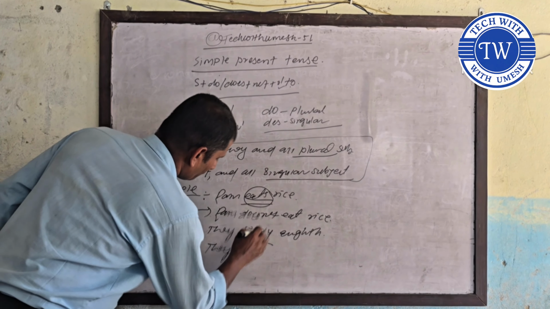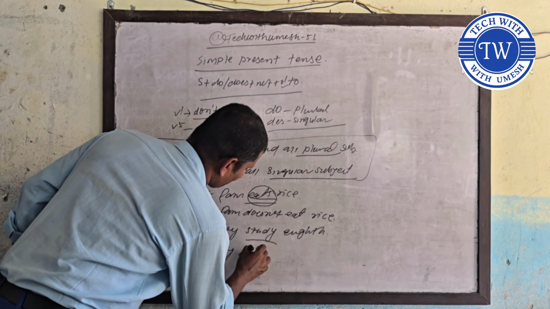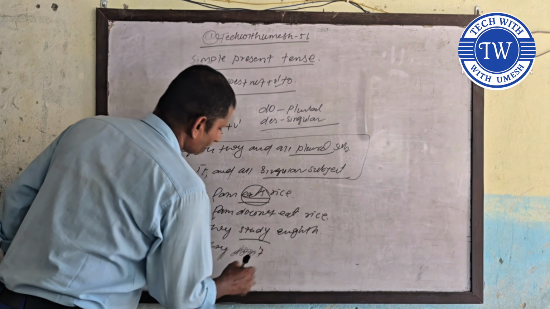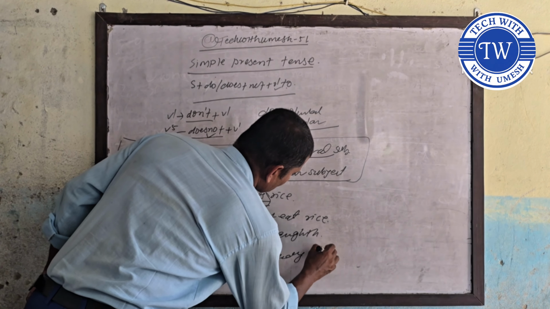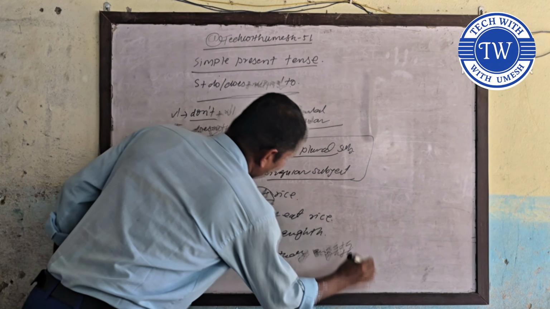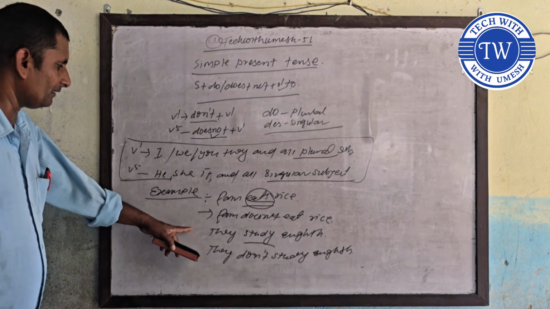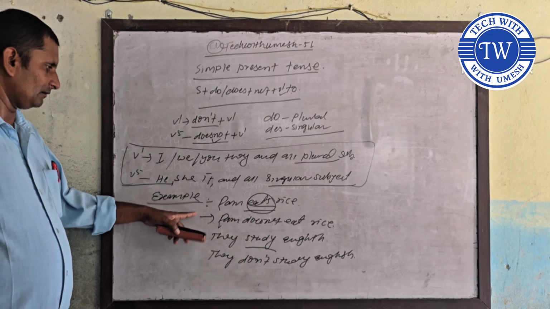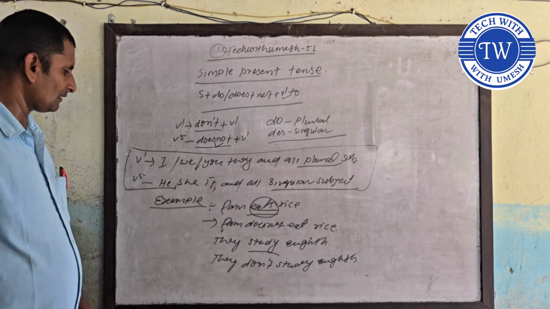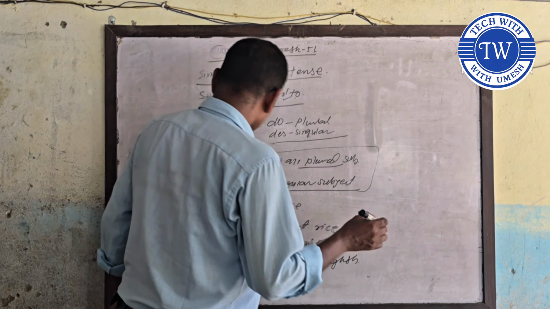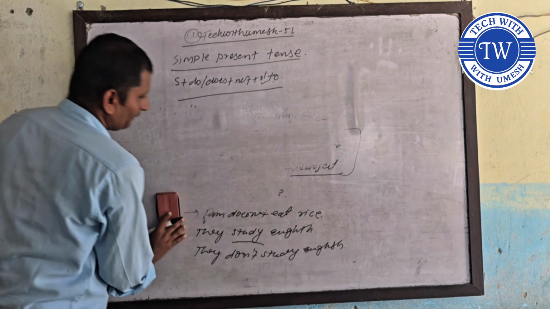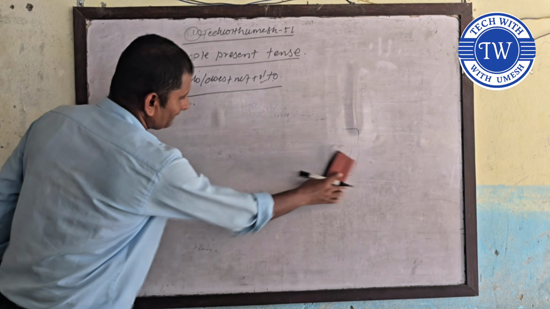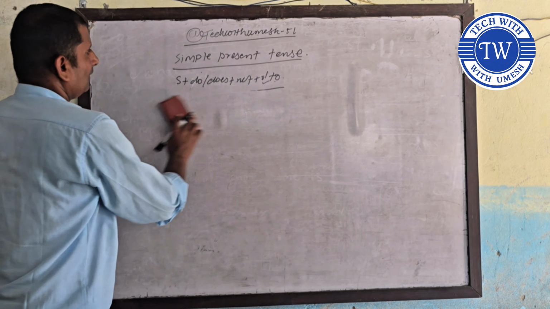So we change it like this: They don't study English. And like this, we can make the negative statement from the affirmative, and in this way we can change sentences into the negative.